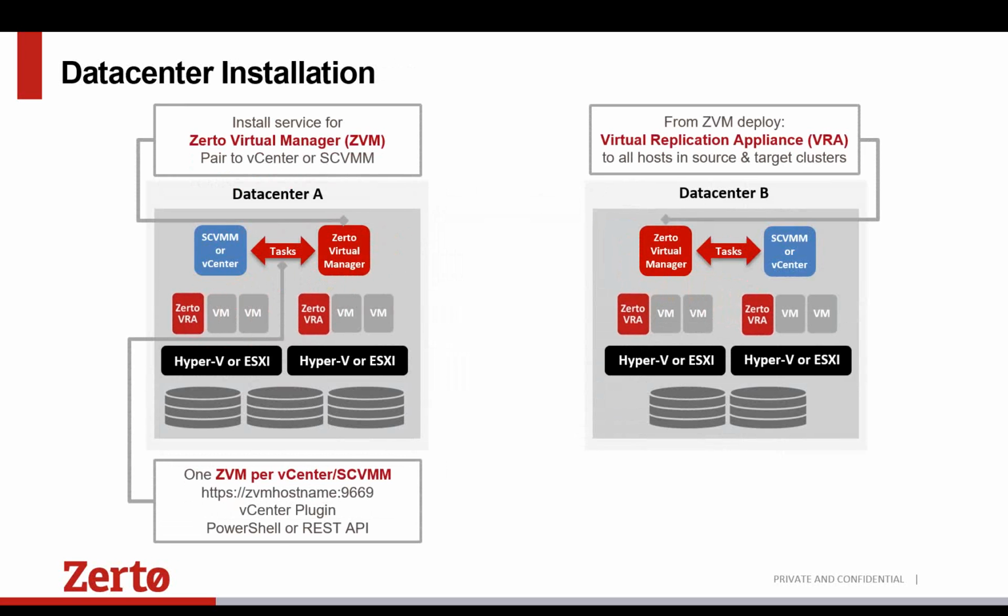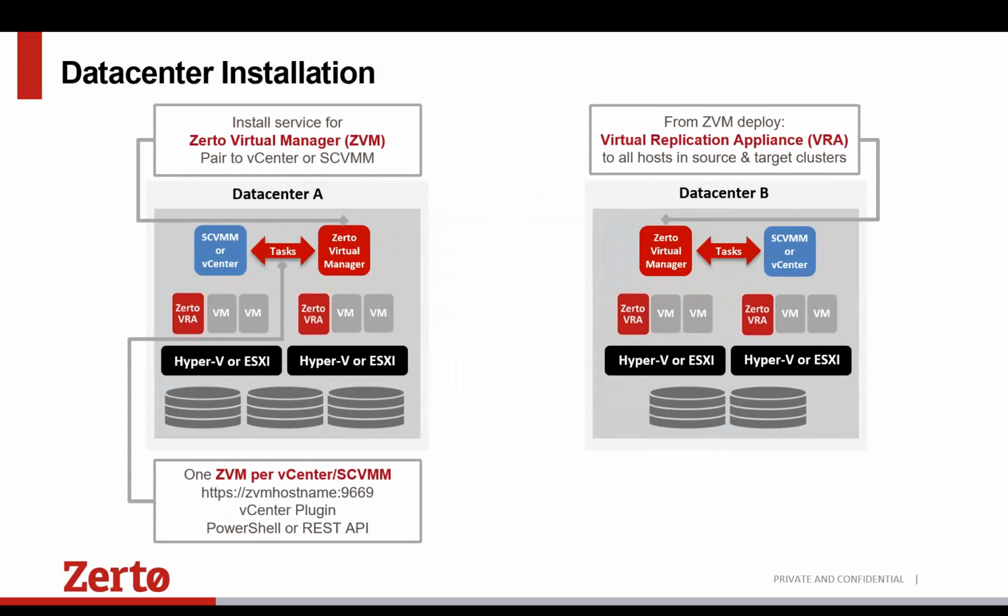Once you've deployed the Zerto Manager, the next task is to deploy our virtual replication appliances, and this is done from the Zerto Manager GUI itself. And you simply deploy 1 appliance per host that you're replicating from and to.